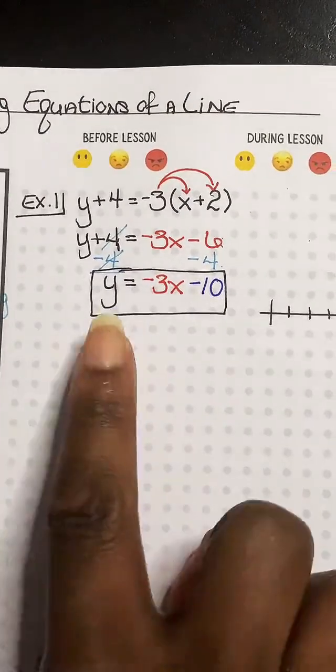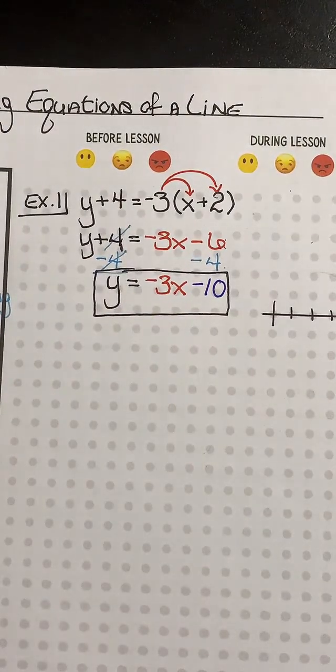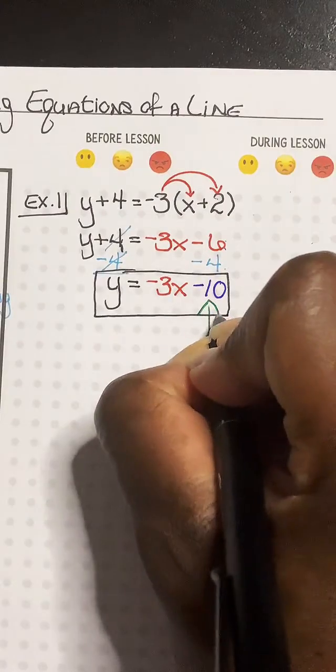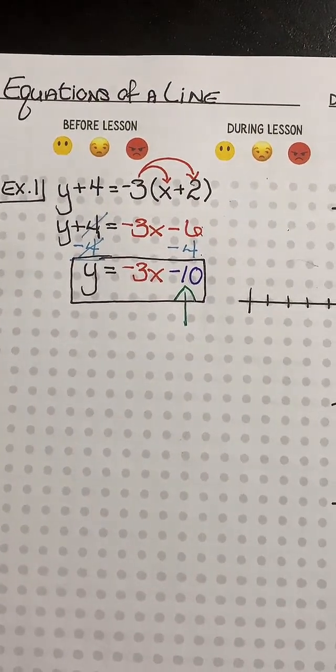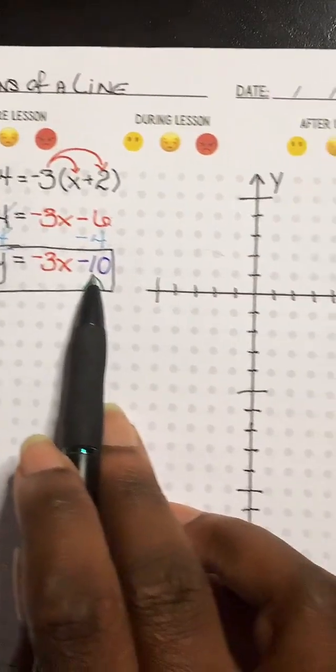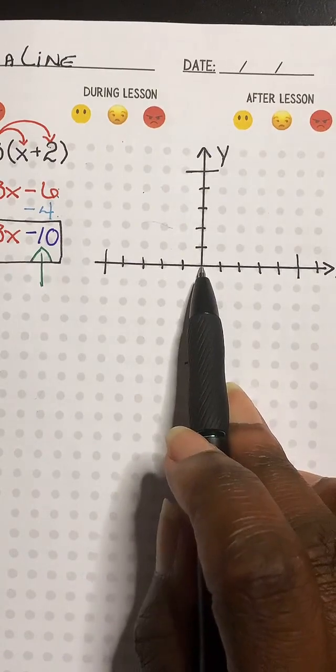All right. So now we have our slope-intercept form. Where we're going to start is right here at your y-intercept. Okay? So it's a -10. So here I am. Here's my x and my y's. Here's my origin.